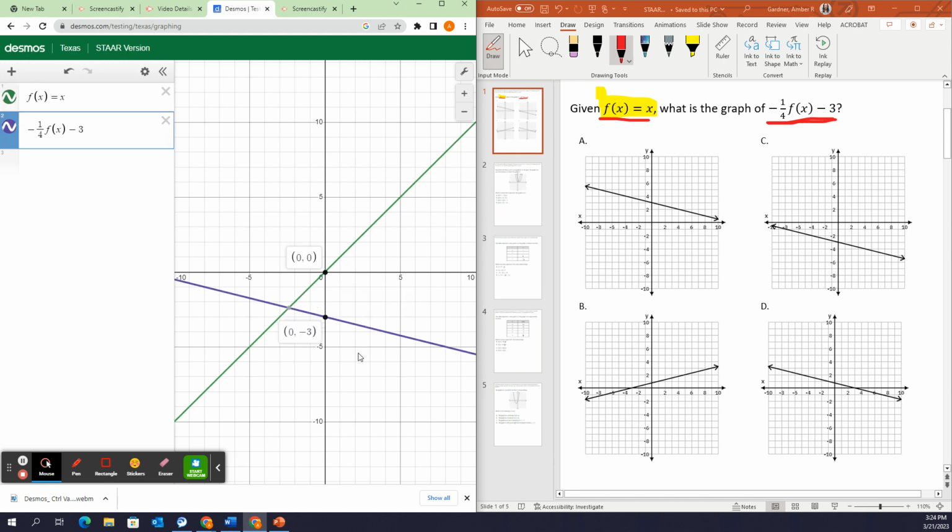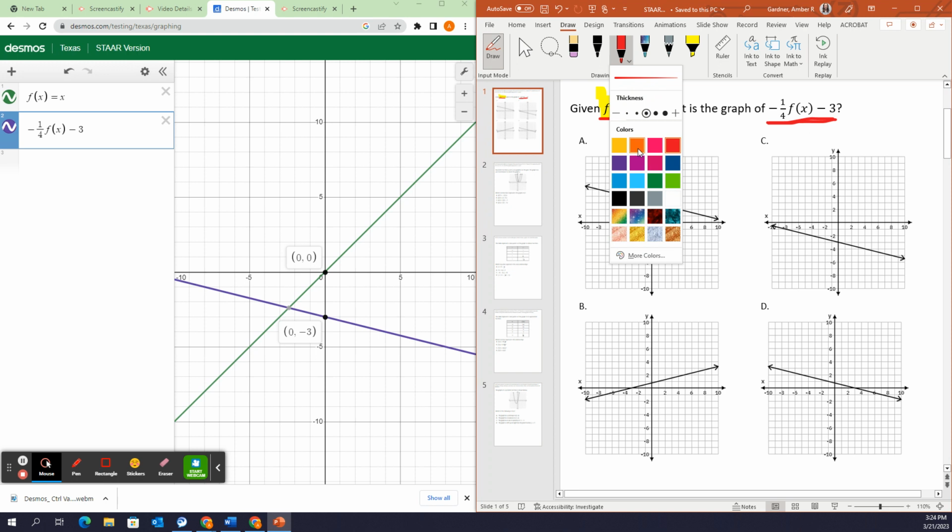So a couple of things we're going to look for in our graph. Number one, we're going to look for a graph that resembles this purple line. So we want to make sure that it has a negative slope. So I'm going to go through and look for graphs that have a negative slope. This one right here has a positive slope because from left to right it is going up. So we're not choosing that one.